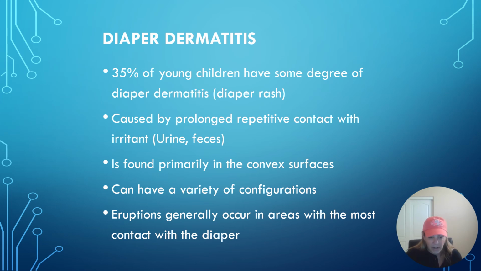Diaper dermatitis is usually found primarily on the convex surfaces, in the folds or on the bottom areas. It can have a variety of configurations depending on how severe the case is, and occurs in areas in the most contact with the diaper.